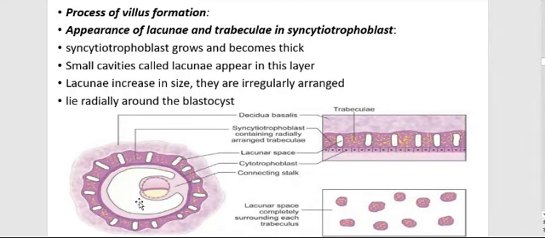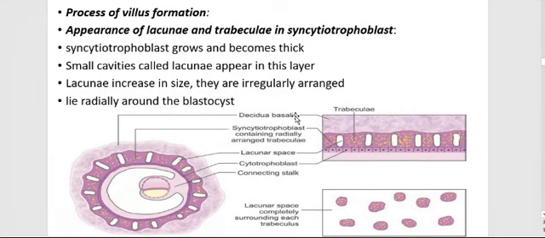The extraembryonic mesoderm covers the trilaminar embryonic disc and lines the internal surface of the cytotrophoblast. This is the syncytial trophoblast, this one in purple with a dotted yellow. And then this lightly shaded part is the decidua basalis.